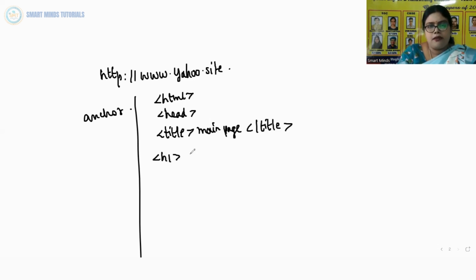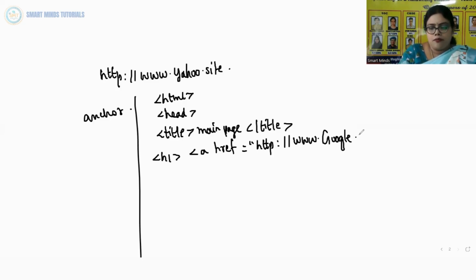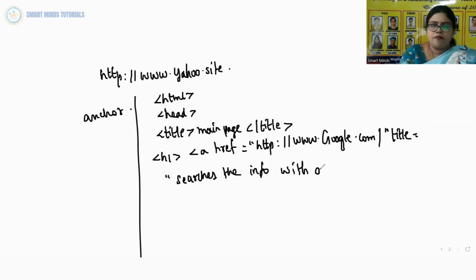Now H1 tag, A href equals, now let's give the URL http://www.google.com, slash, quotations close, title equals quotations open, searches the info with Google search engine.